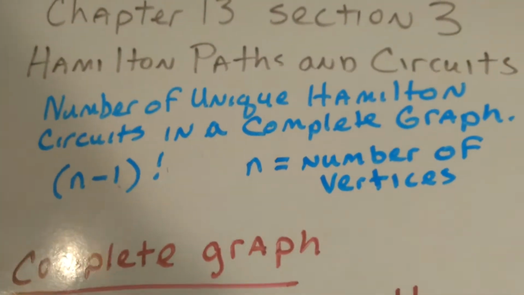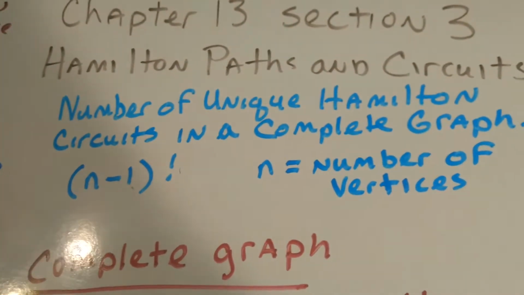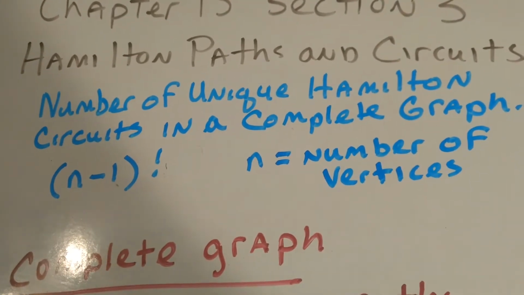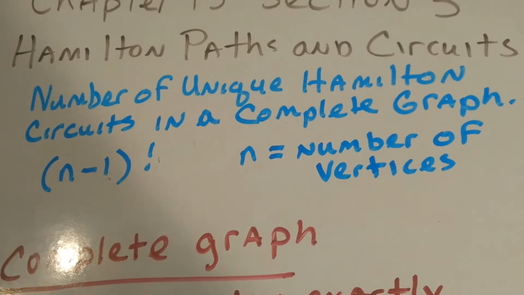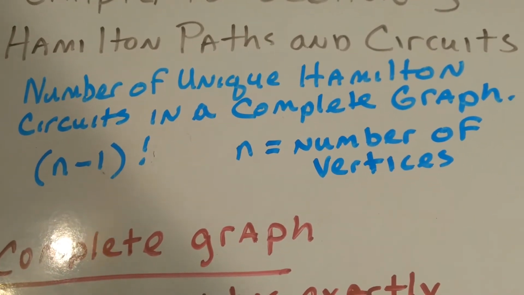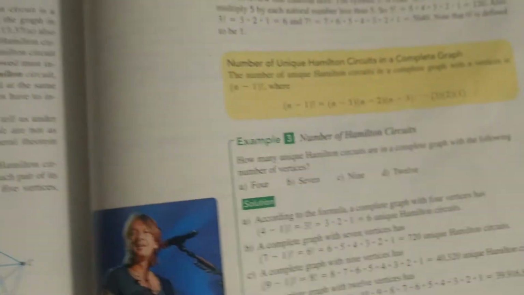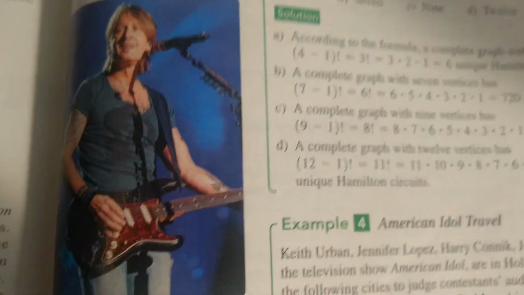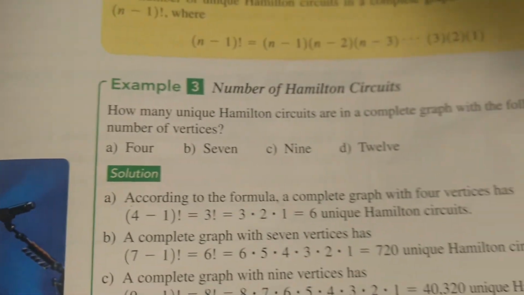Mathematically, the number of unique Hamilton circuits in a complete graph is n minus 1 factorial. To look at some examples of factorial, we can go right here. This is example 3 on page 827 of your textbook.